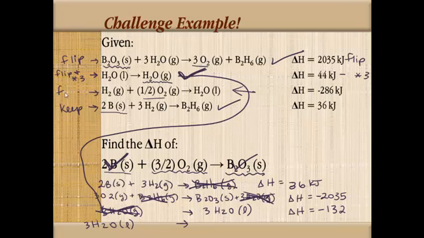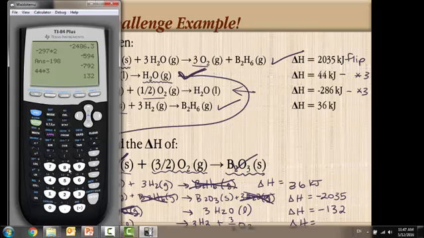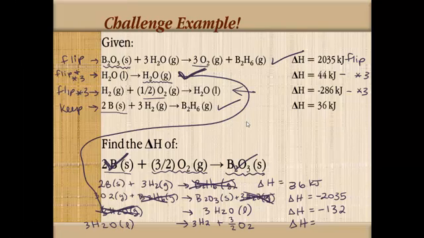So again, flip and multiply by 3 over there on the delta H. So if I flip this, it's going to be 3 H2O liquids on the reactant side, and the products are going to be 3 H2 and 3 halves oxygen. And my delta H is going to be that negative 286, change the sign, so positive 286 times 3, 858.